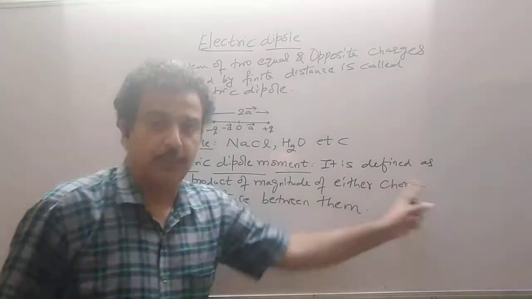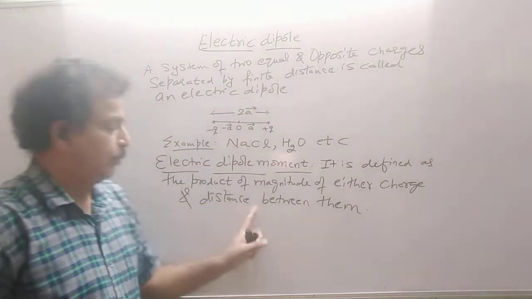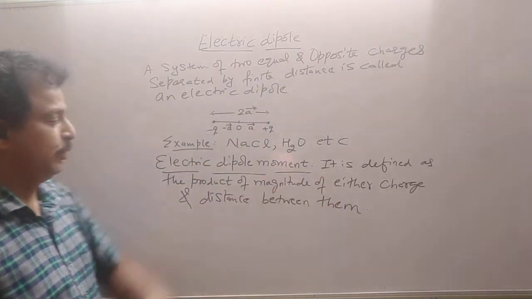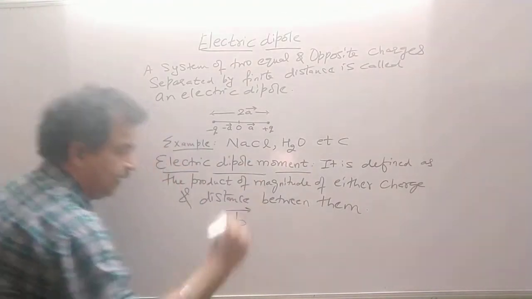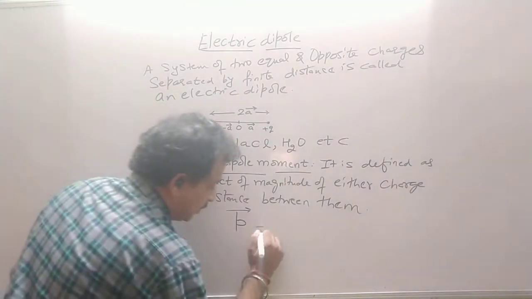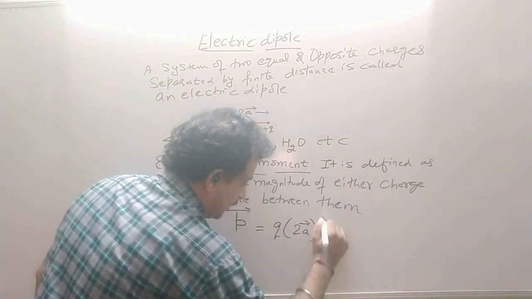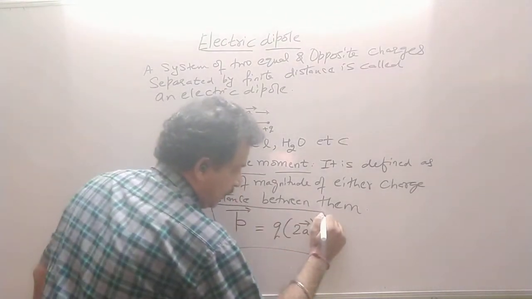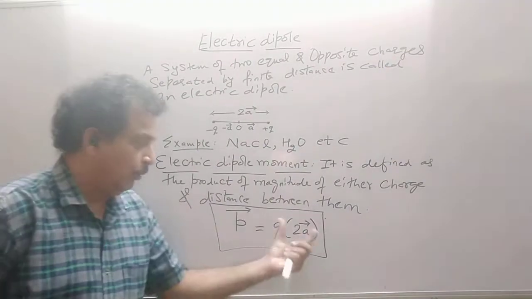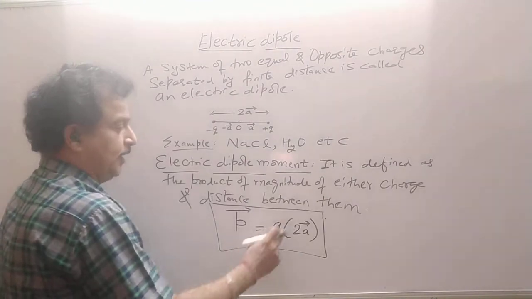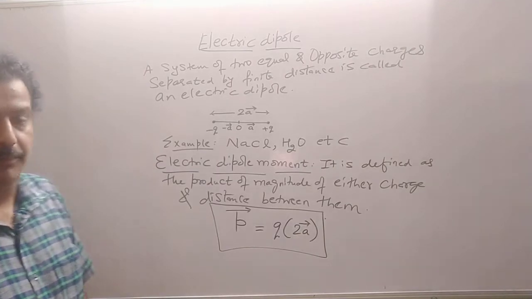It is defined as the product of the magnitude of either of these charges, they have the same magnitude, and the finite distance between them. This electric dipole moment is denoted by the small p vector, and its formula is q into 2a vector. So this is the formula for the new physical quantity called electric dipole moment.